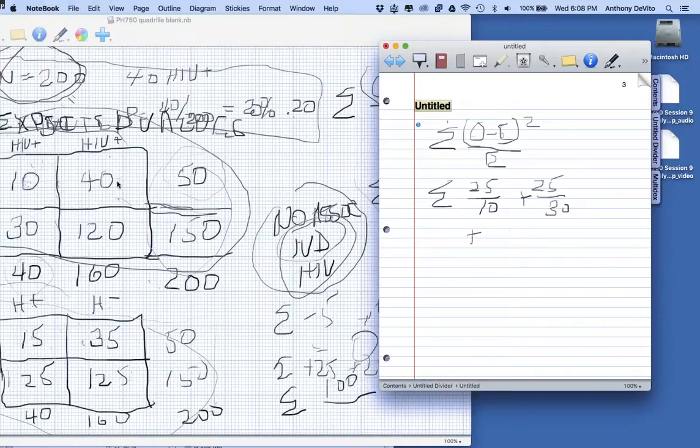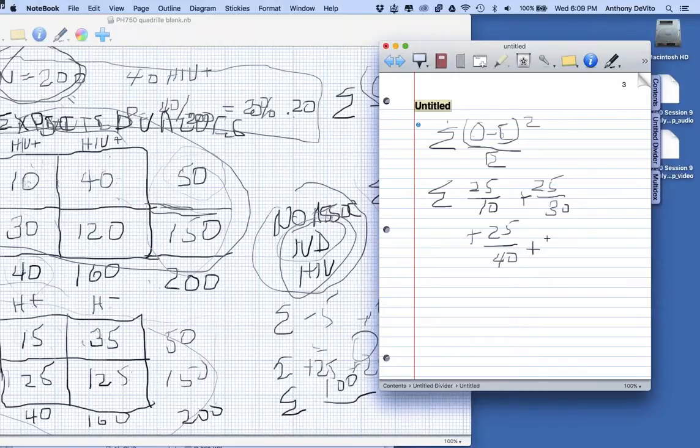The next cell: the observed value is 35 minus 40 is minus 5. So observed minus expected is minus 5, squared is 25 again, divided by the expected value, which was 40.